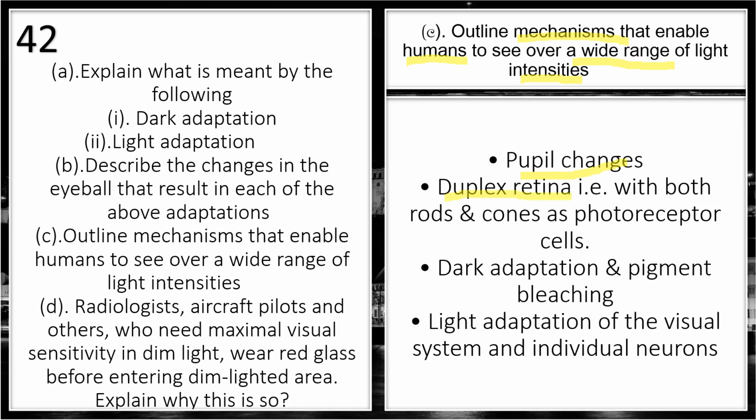Duplex retina, that is, both rods and cones as photoreceptor cells. Dark adaptation and pigment bleaching. Light adaptation of the visual system and individual neurons.